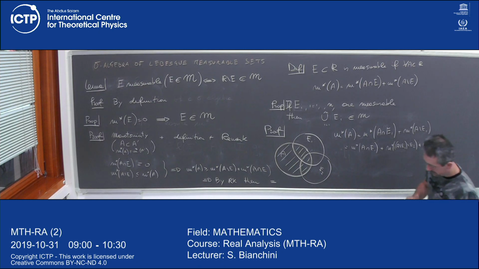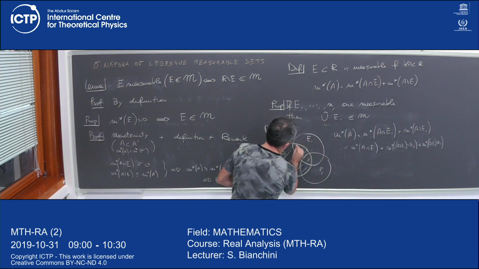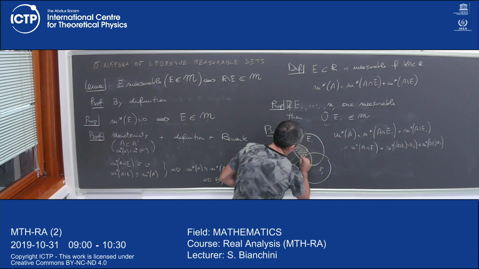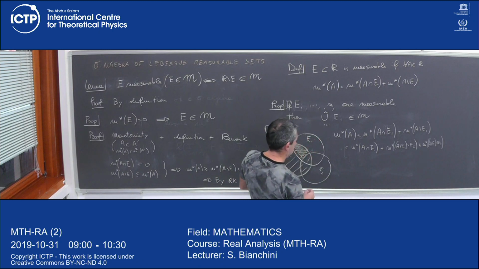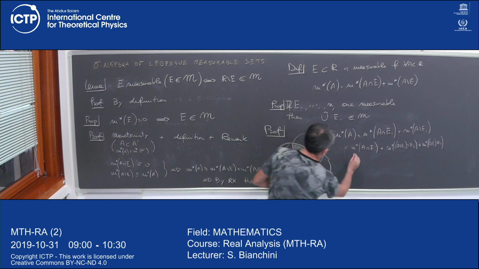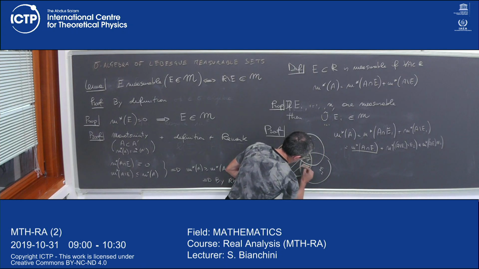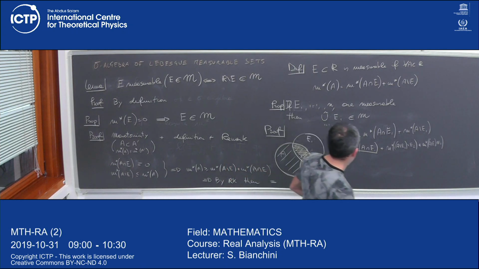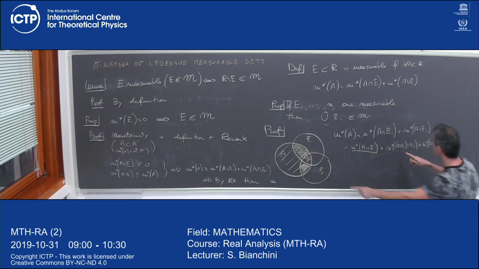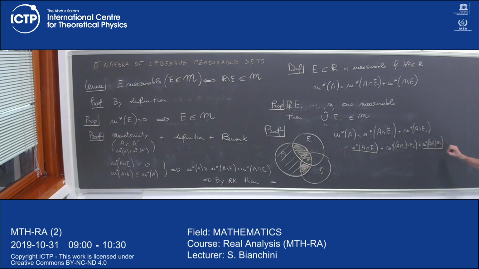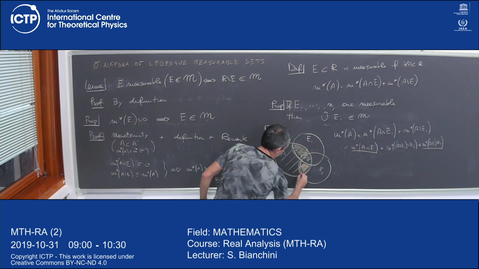So I have this yellow one, which is this one. I have this orange one, which is E minus E1 intersection E2. And finally I have E minus E1 minus E2, which is this nice green one.